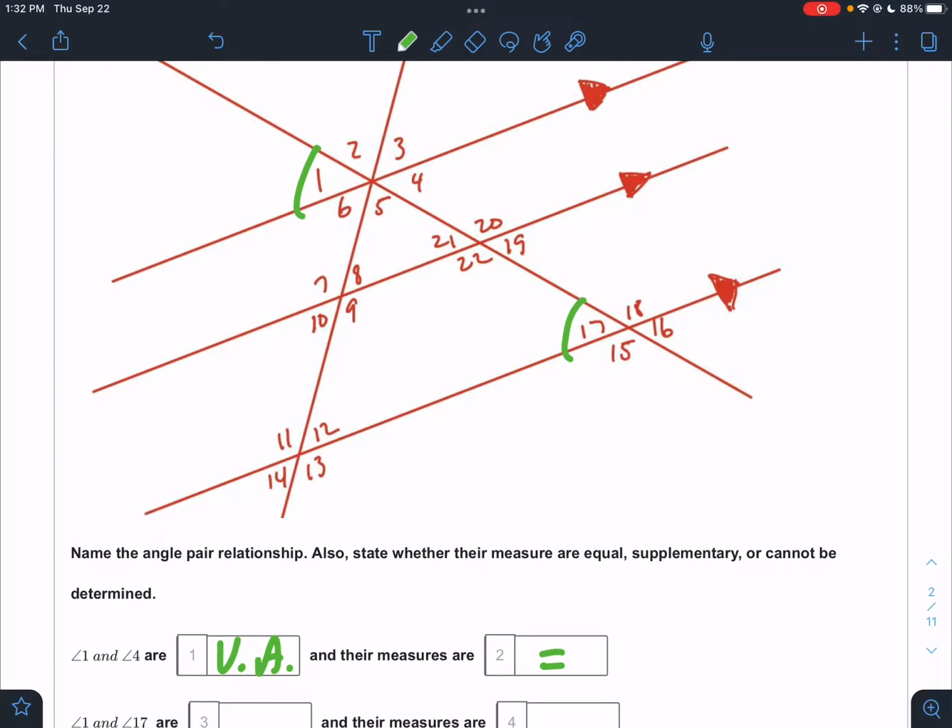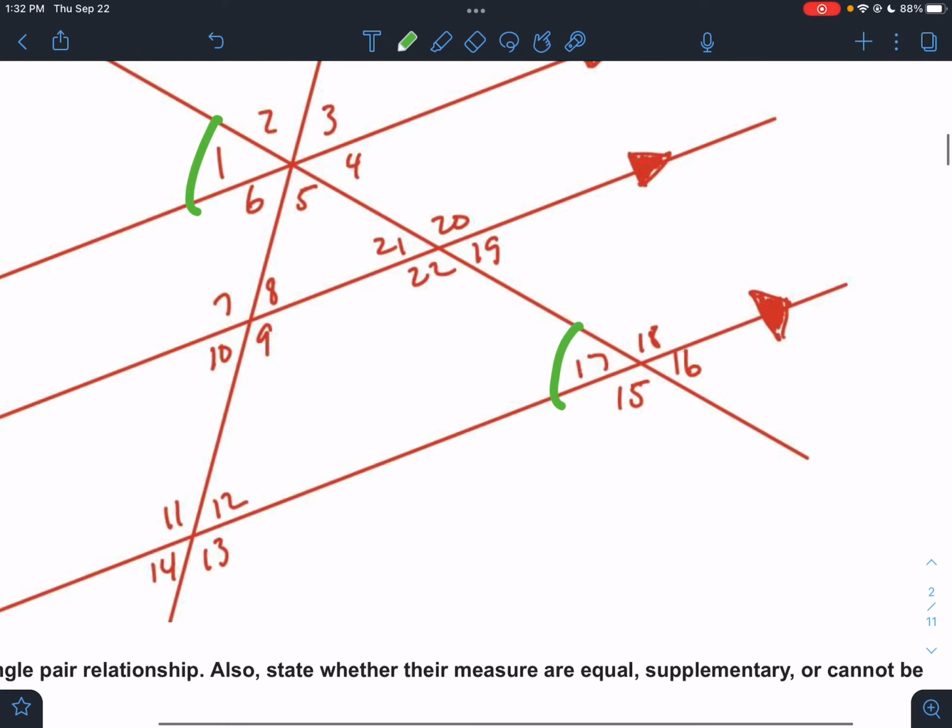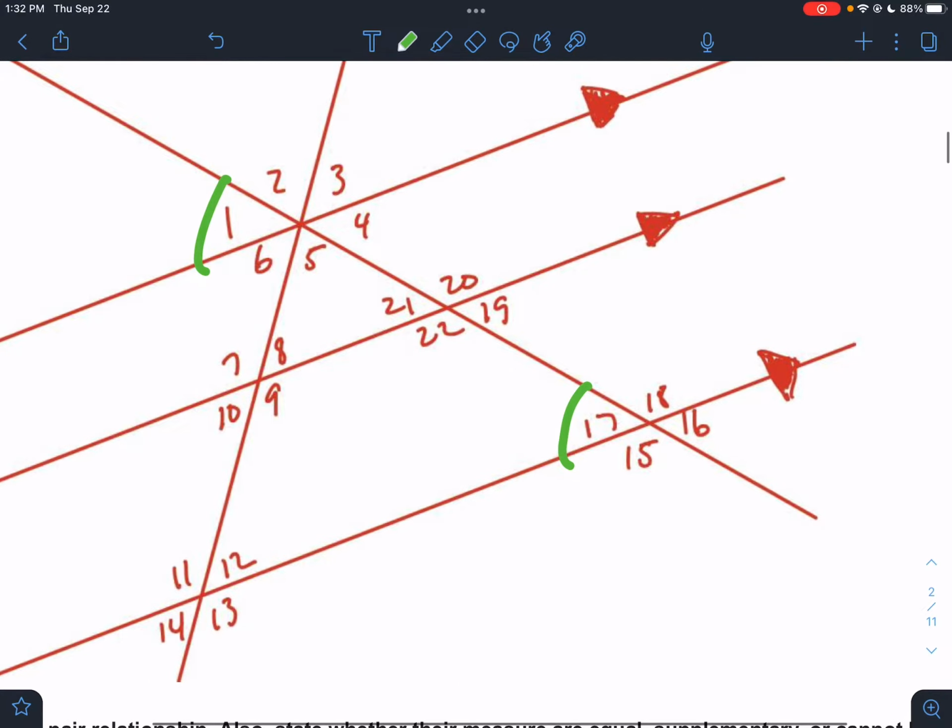1 and 17 is a little trickier. Maybe you see it right away. That's fine. If you do, move on. But if you need to hear this, make sure you're listening, guys. We need to figure out what kind of angles they are. One of the things you can do is put little dots in there. We talked about this in the other video. Trace the angle. Trace the angle. Do they have a line in common? Yes. These dots can be connected. Now, what shape did we just make? If I take those arcs out, you can see a little better.